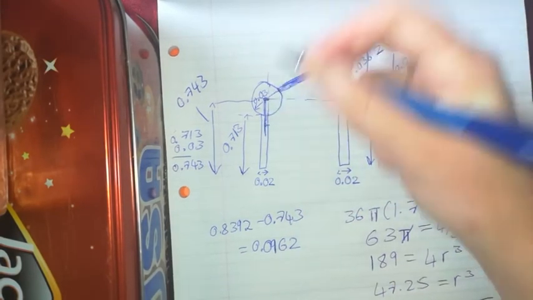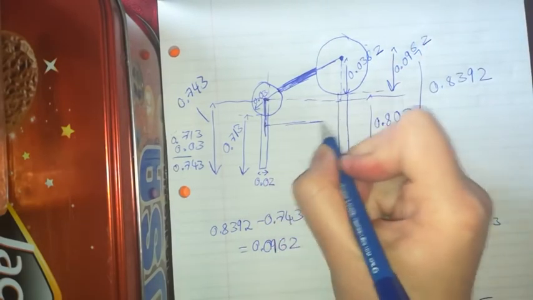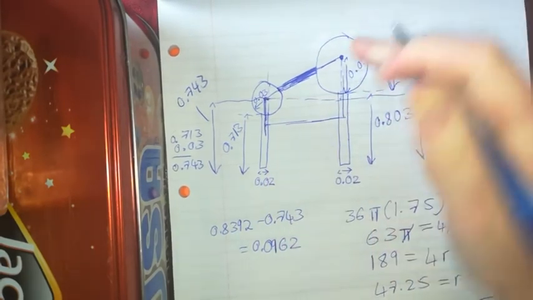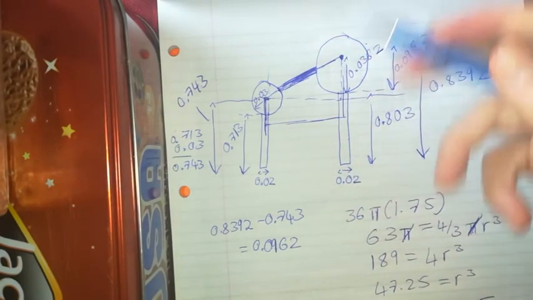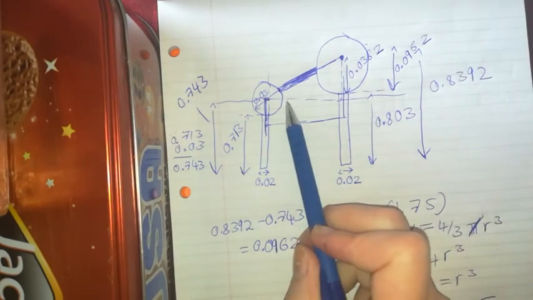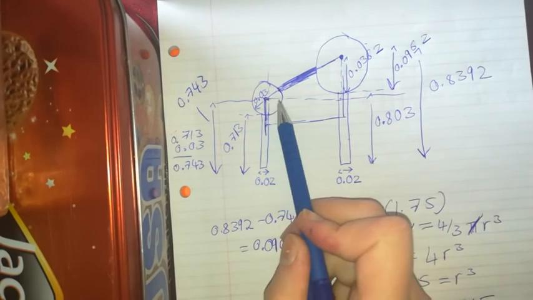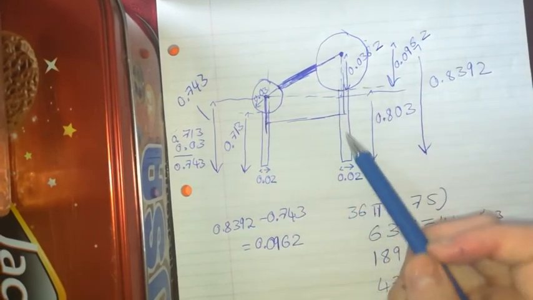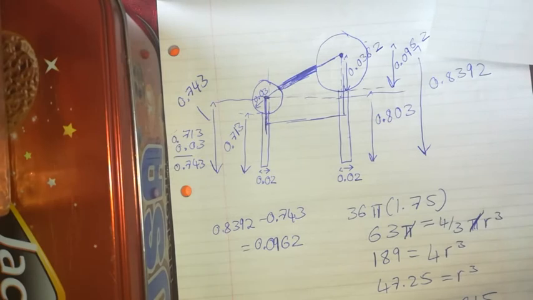So how far in this actually is compared to that? This distance is going to be the radius of it plus 0.05. I already got the distance in between each, so I'll just get where I had that.